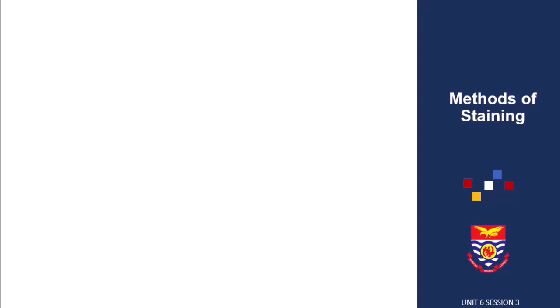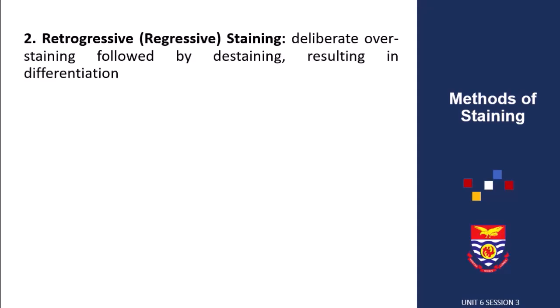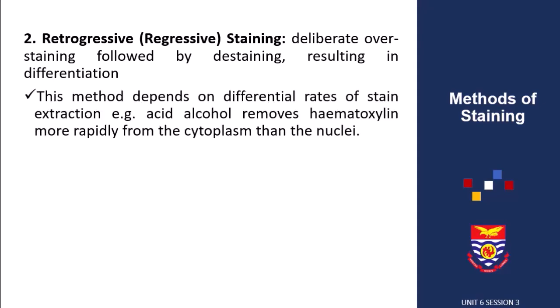The second method of staining is retrogressive staining or regressive staining. This type of staining involves deliberate overstaining followed by destaining, resulting in differentiation. The best results are obtained when overstaining is prolonged. This method relies on differential rates of stain extraction.